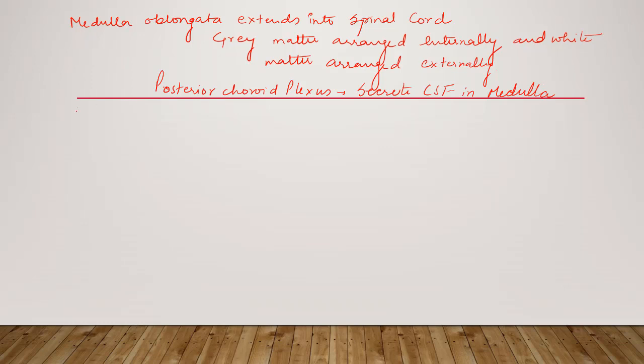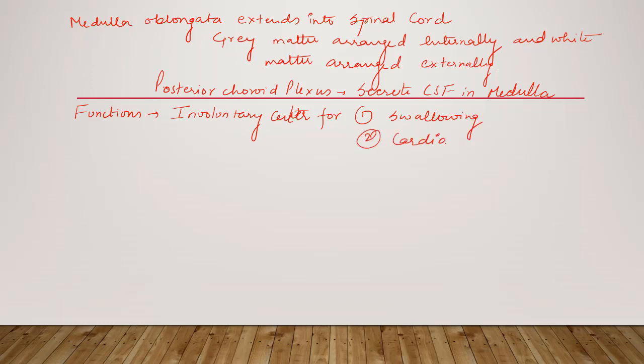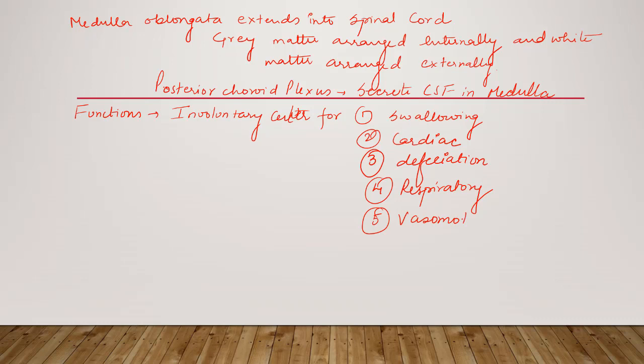The main functions are: it is an involuntary center for swallowing, that is deglutition, cardiac activities, defecation, respiratory, vasomotor, and vomiting, meaning the emetic center.